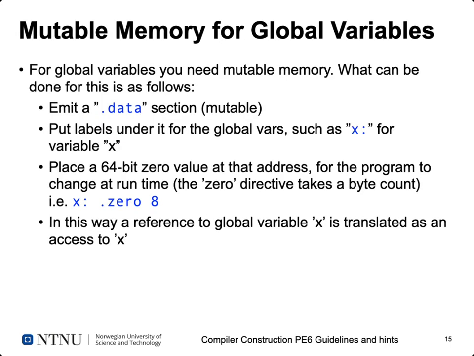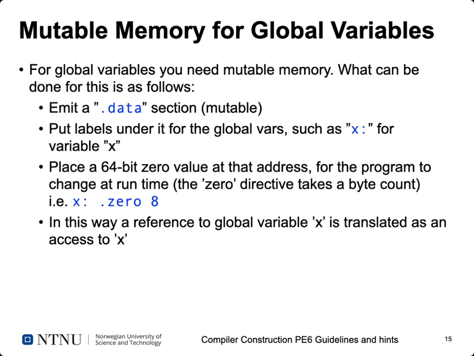We also need mutable memory for global variables, because, of course, these global variables can have their value changed. So again, we need to emit a data section here, or we can just add to the data section whatever you like. The assembler has no problem with having separate data sections, and it unites them into one.